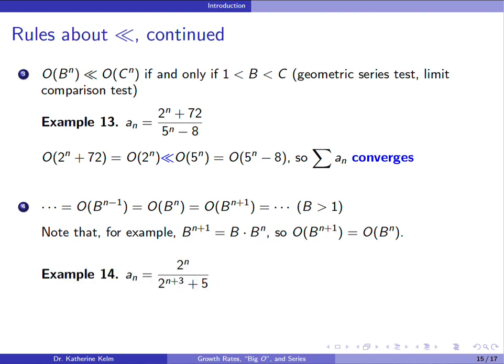So in example 14, we have a_n equals 2 to the n over 2 to the n plus 3 plus 5. We can see that big O of the numerator is actually big O of the denominator. 2 to the n plus 3 is 2 to the n times 8. And 8 is a constant.